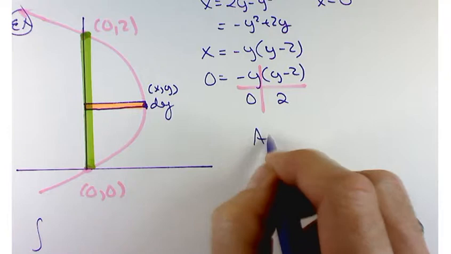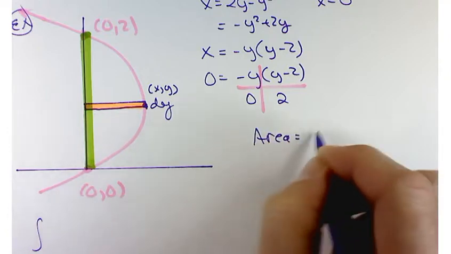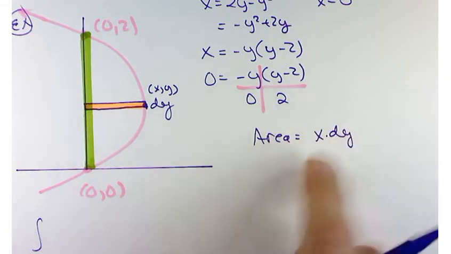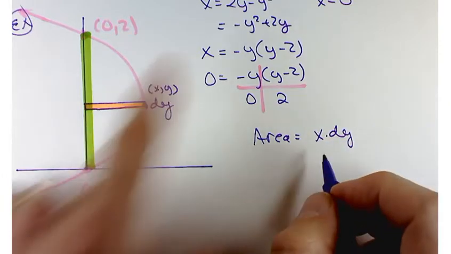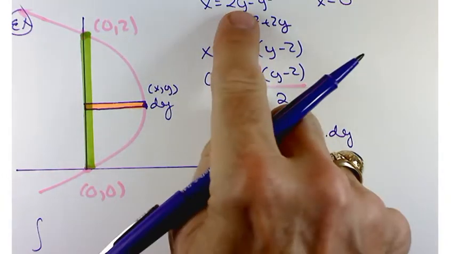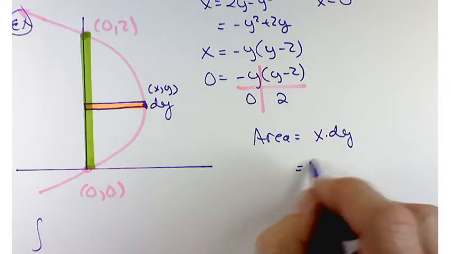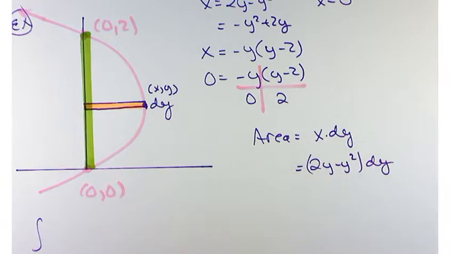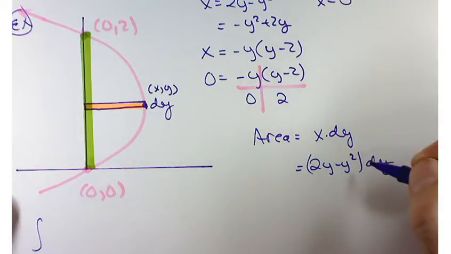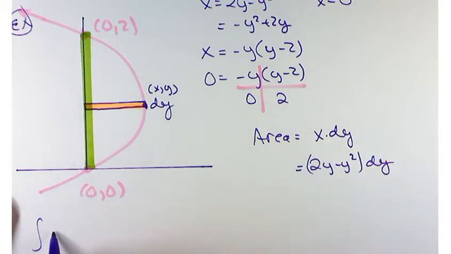So area equals x times dy. That doesn't work too good. You're not going to have x and dy in the same thing. But here we go. x is 2y minus y squared dy. So that's the area of one slice: 2y minus y squared dy.